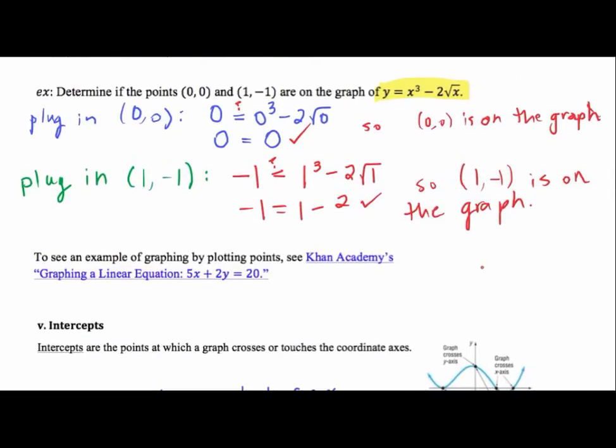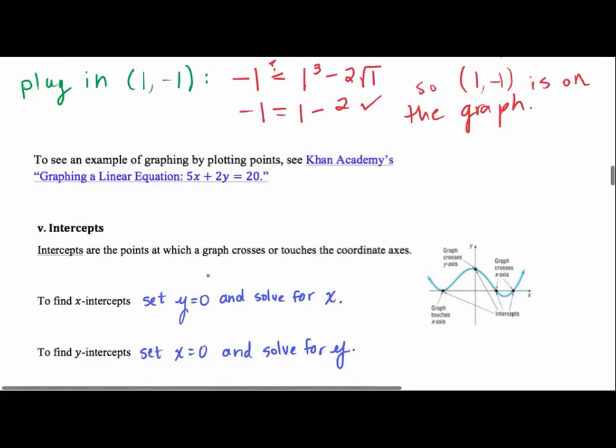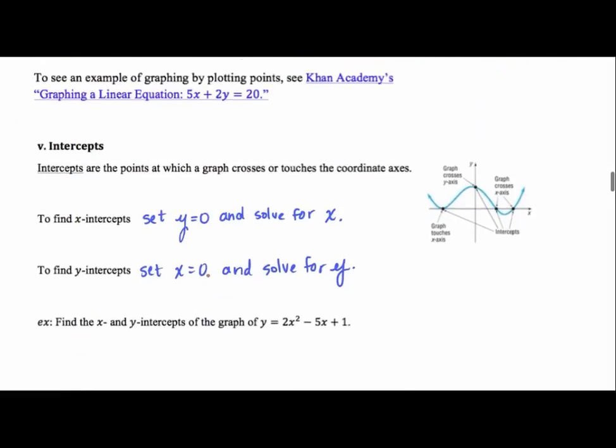I don't have time. You have done it before, probably many, many times. So if you want to see a review of that, you can go here and search for that particular video. It's a good one. If you are in Canvas looking at the blank notes and you just click the link, it should actually take you there. Basically, you pick an x and plot the corresponding y. We're going to learn all kinds of graphing techniques throughout the next couple chapters, so that's why I'm not going to take time to do it.